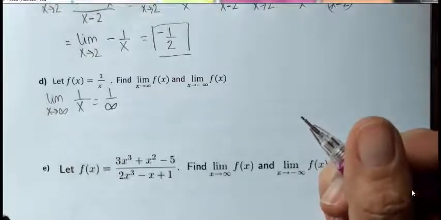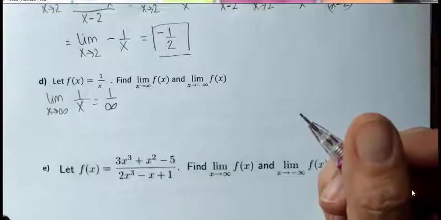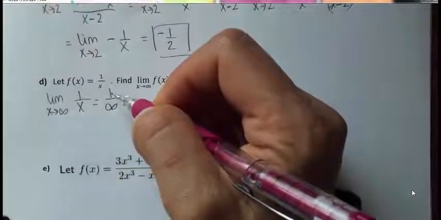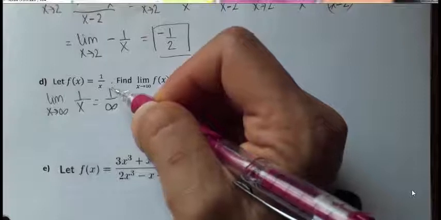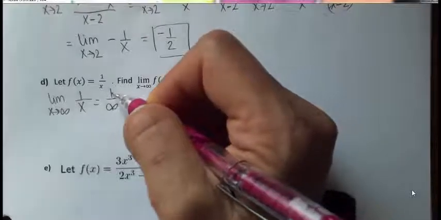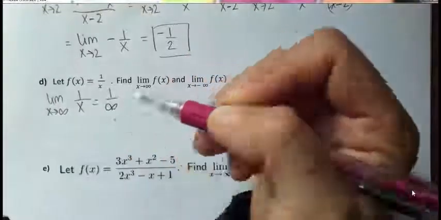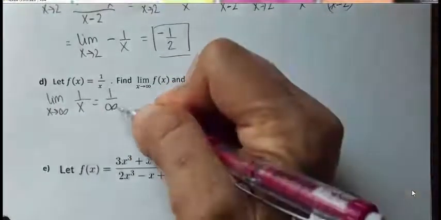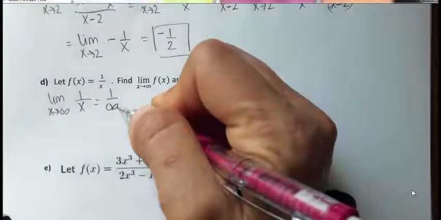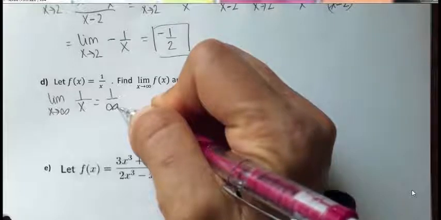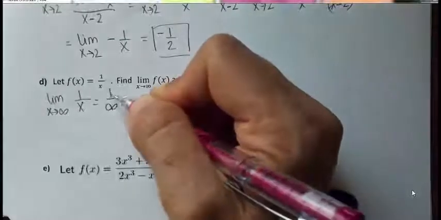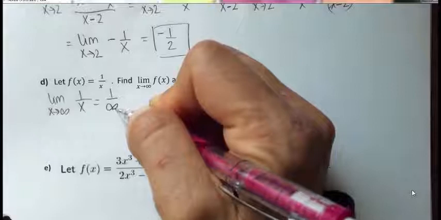You can think of this a couple different ways, though. The first way is to think, if I take, for example, 1 and divide it by 1, the answer is going to be 1. Now, let's start making the denominator larger and larger. If I divide by 10, I get 0.1.